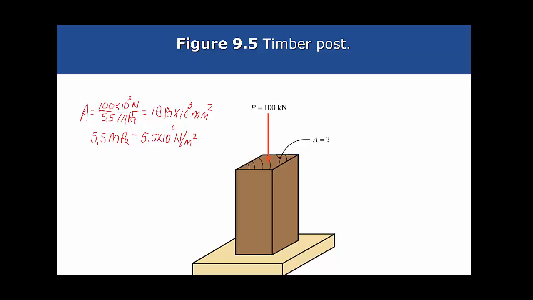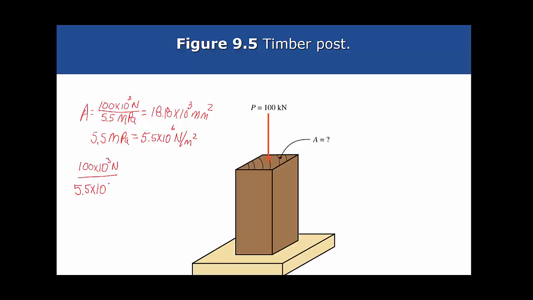And then all of a sudden, in some real quick leap, we went to millimeters squared. I don't think so. Well, if you wrote it as 100 times 10 to the third newtons over 5.5 times 10 to the 6th newtons per meter squared, don't your newtons cancel out? Yeah, just like you have it on top.